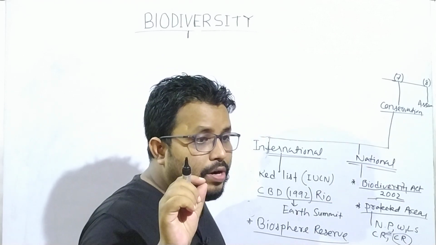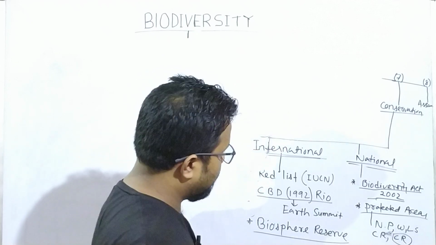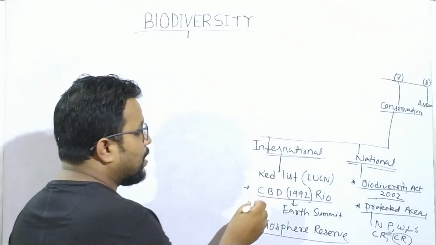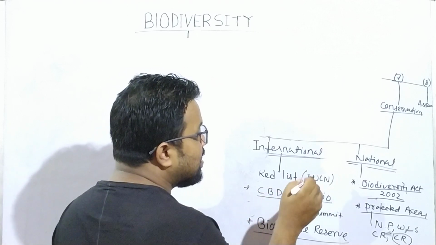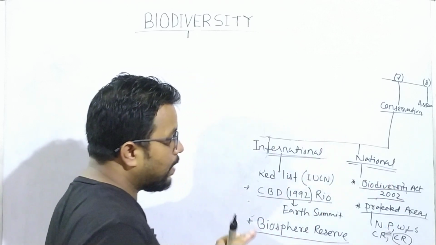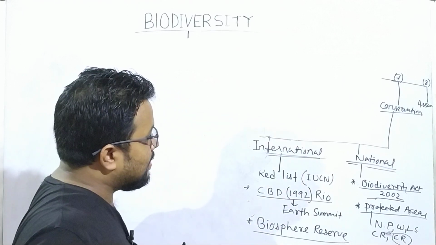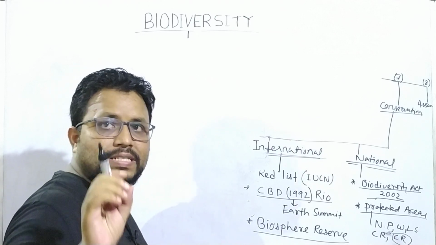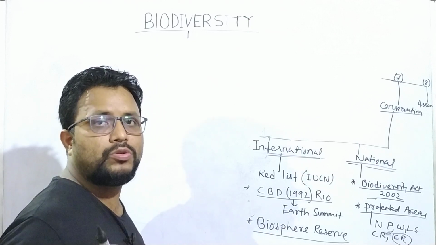That we already studied in CBD. In order to implement the Convention on Biological Diversity, India also passed the Biodiversity Act 2002 in Parliament. Now, what are the main three structures that this Biodiversity Act 2002 provides?